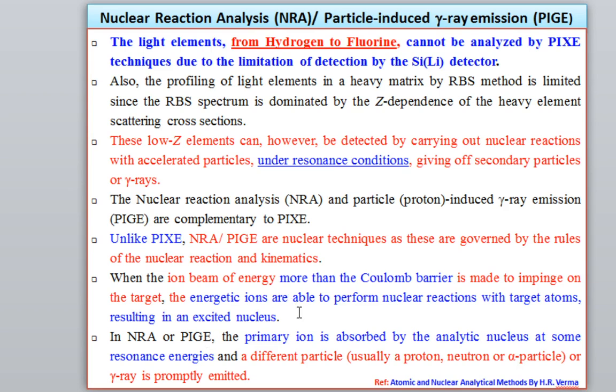The primary ions impinging on the target are absorbed by the target nucleus at some energy and resonance condition, giving rise to different particles like proton, neutron or alpha, or maybe gamma. If it is giving proton, neutron or alpha, that is known as a nuclear reaction. If it is giving gamma, that is PIGE, proton induced gamma ray emission.